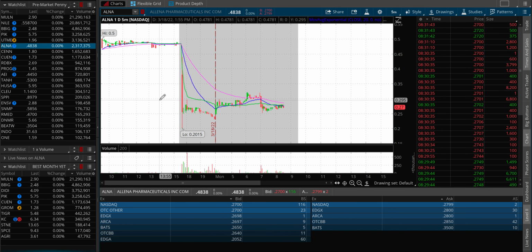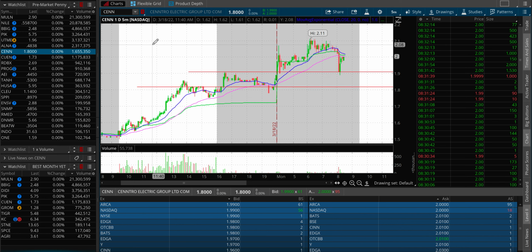CENN. Let's see. Friday's after hours high of day was this 191. It seems to have bounced there already, so that entry's done. Now it's consolidating. It was flat top before. It's a flat top again.